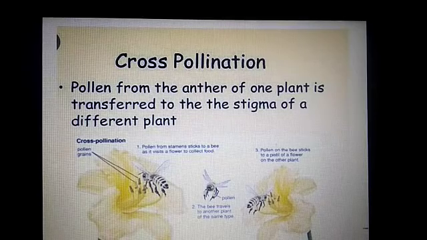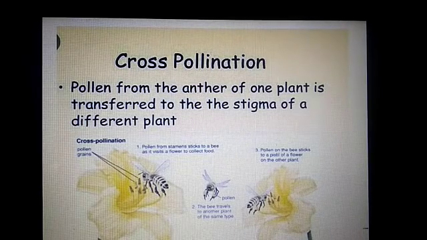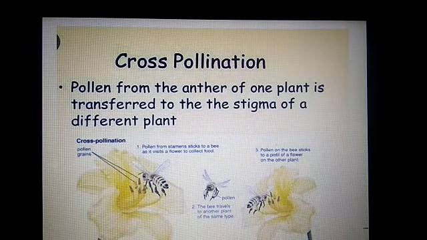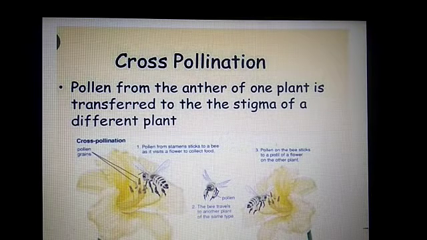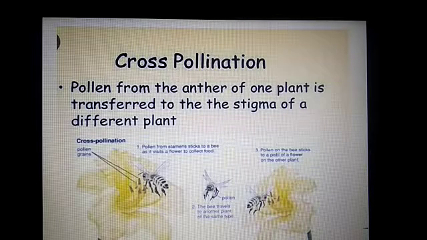See, pollen from the stamens sticks to the bee when it visits the flower to collect food. When an insect visits to collect food, the pollen grains may stick to its mouth, wings or legs.